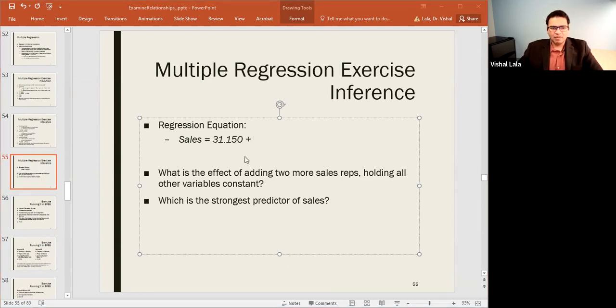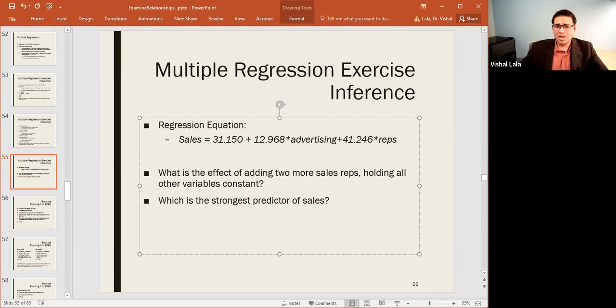It's 31.150 plus 12.968 times advertising, plus 41.246 times the reps. It's tempting for me to go ahead and add WEI also, and I'm not going to do that here just because it's probably not the right thing to do.